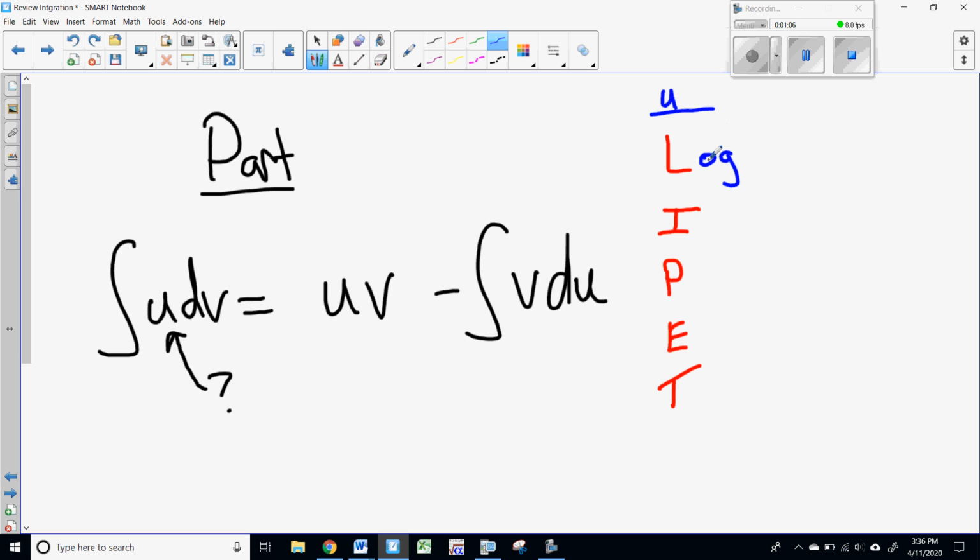If we have a logarithm, that is always our u. Next is our inverse trig functions. The P was polynomials. The E was exponentials, and finally our T was our trig functions.